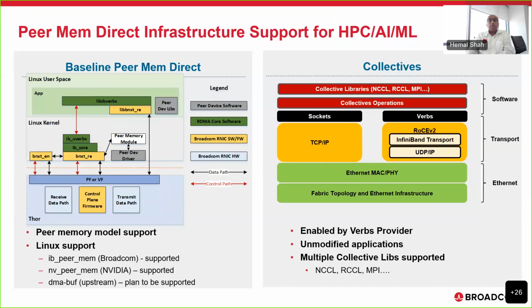There is a significant amount of work needed in tuning those collectives. And we work very closely with those collective libraries to make sure that underneath, the Broadcom Ethernet NIC capabilities and the verbs path are optimized for collective performance. And that is very important.